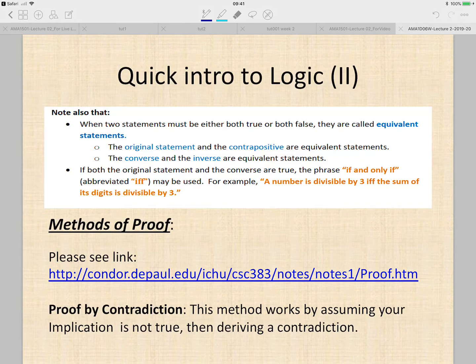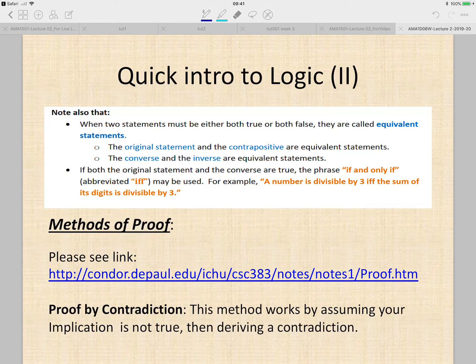So if both the original and the converse are true, then the statements are equivalent. If and only if, that is. For example, a number is divisible by 3 if and only if the sum of its digits is divisible by 3. You can prove both ways: this implies that, and that implies this.